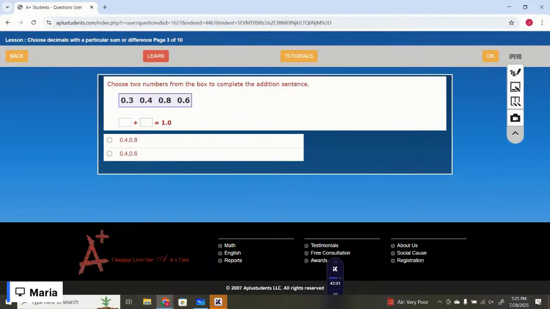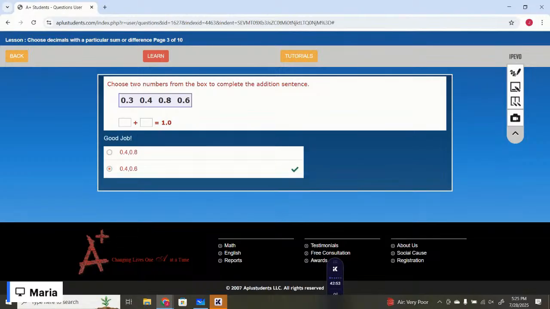Which two numbers have the sum 1? So, which is the correct option? 0.6 plus 0.4. Option number 2 is the correct option.